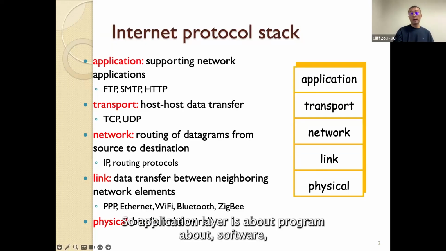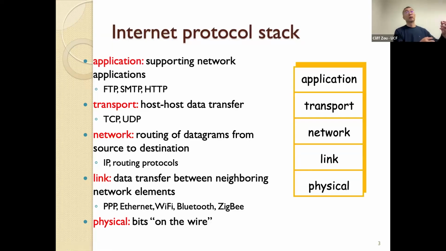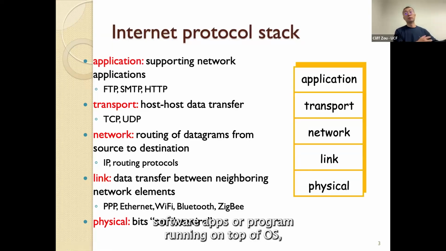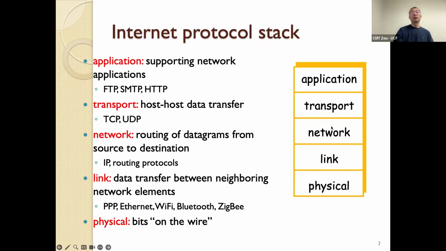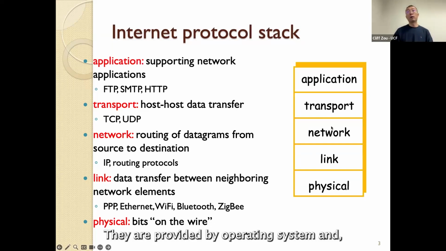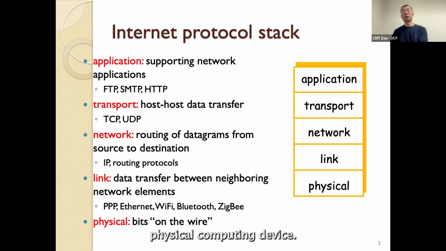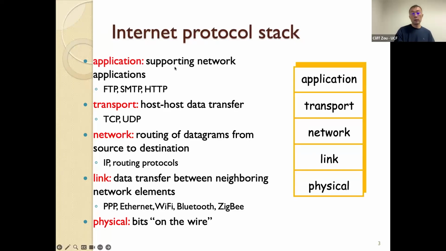So application layer is about programming, about software apps or program running on top of OS. All the bottom layer, all the 4 layers below, they are provided by the operating system and the physical computing device. So that is application layer.